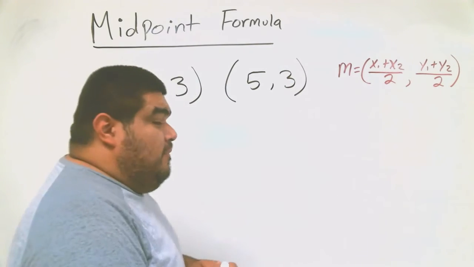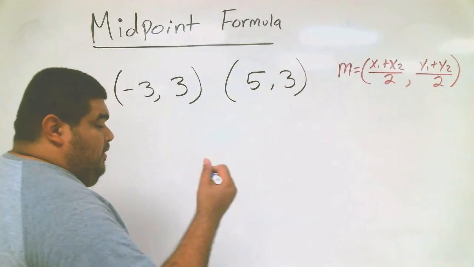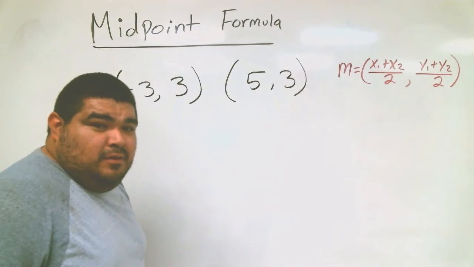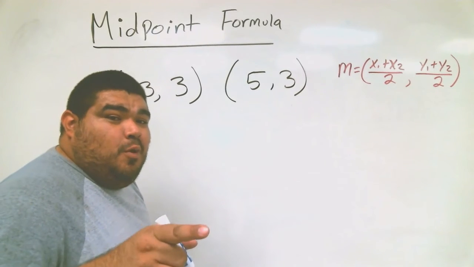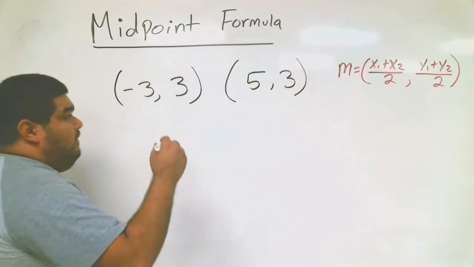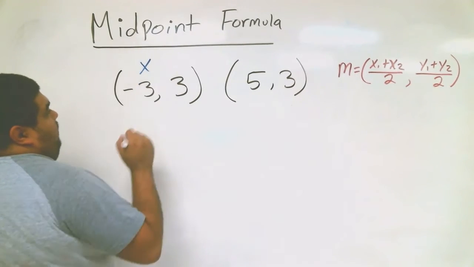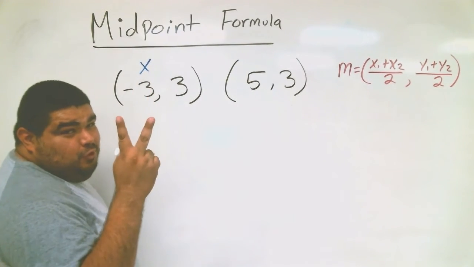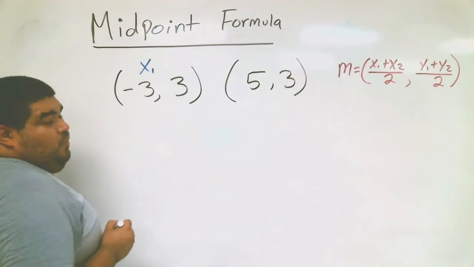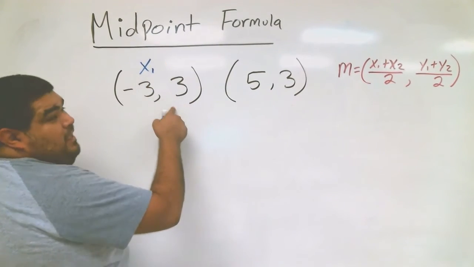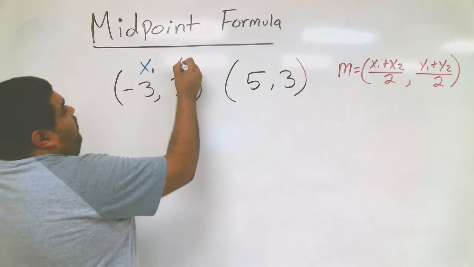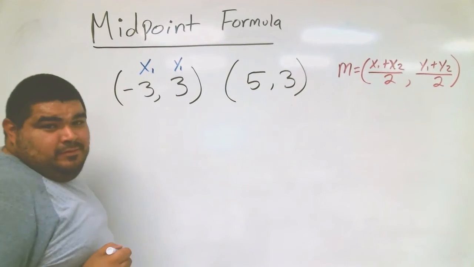So let's start off by labeling the first one. Remember, what goes first on your coordinate? Your x or your y? X, right? So we have x1, because remember, we have 2. x1, that means that this is y1, okay?